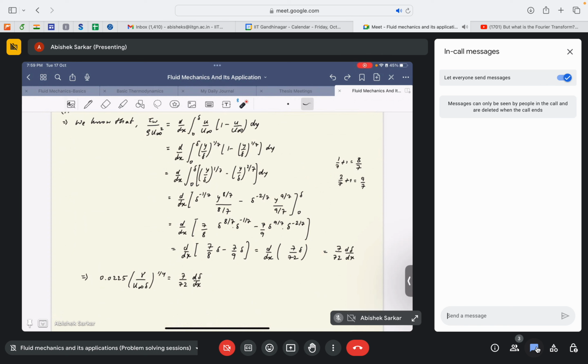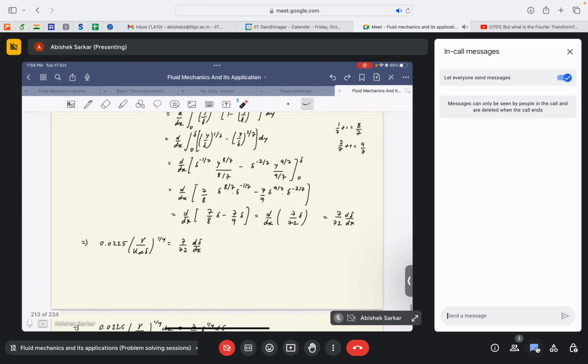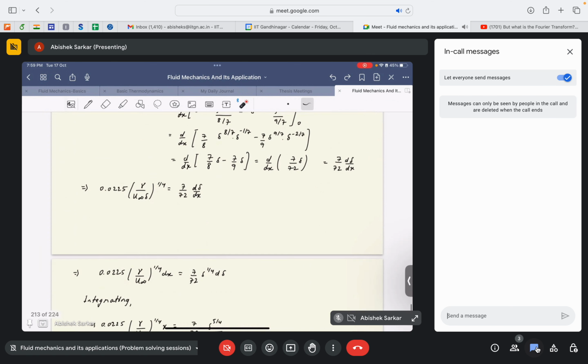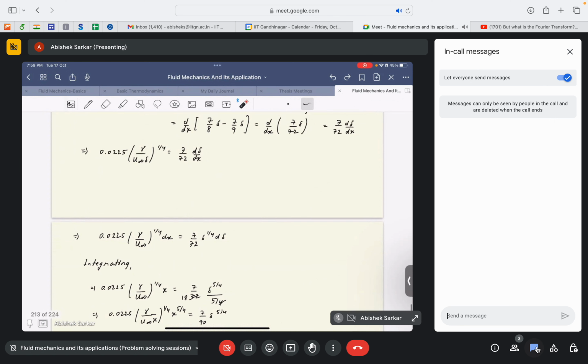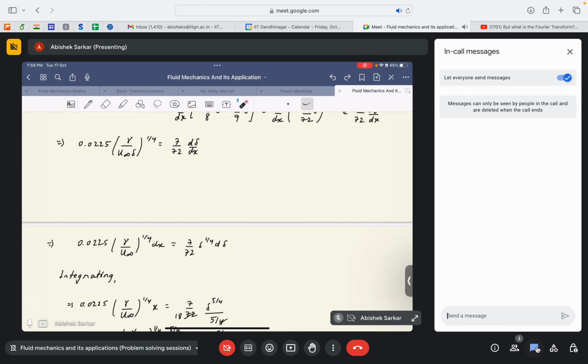Then again, we are given the expression for tau wall. So from there we get that 0.0225 mu by u infinity delta to the 1 by 4 is equal to 7 by 72 d delta by dx. From that we just transfer delta to the other side to get an explicit equation for delta.